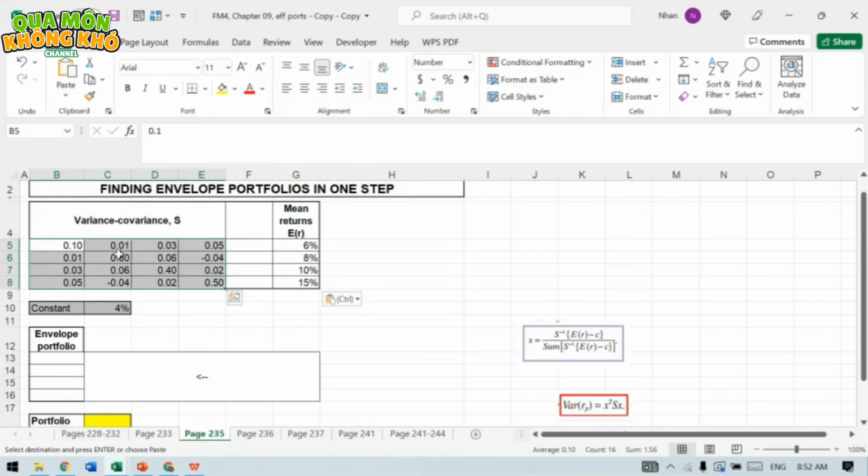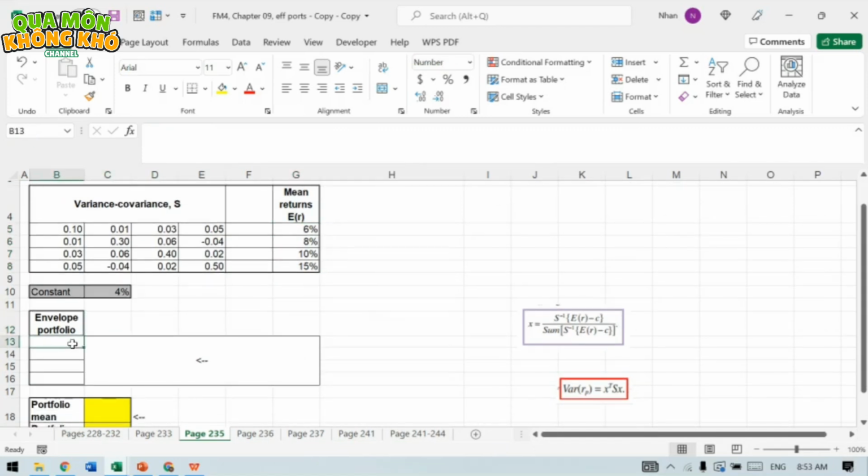This is the variance covariance, so I name it as var cov, and I enter. And the mean here, I should name it means.